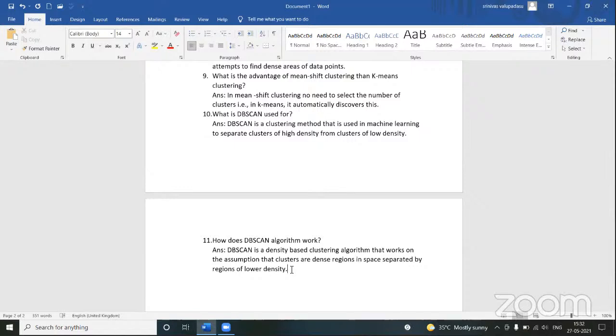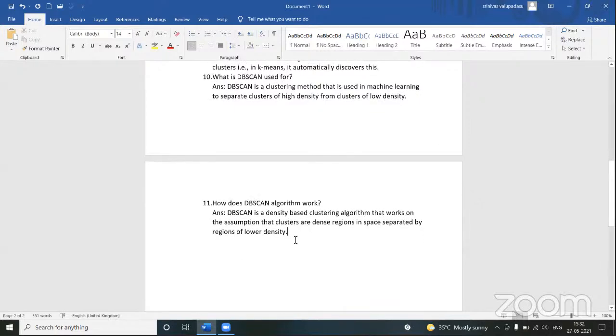The full form of DBSCAN is Density-Based Spatial Clustering of Applications with Noise. So it is a clustering algorithm. We can use it for huge data sets.